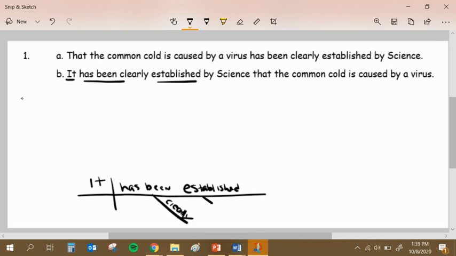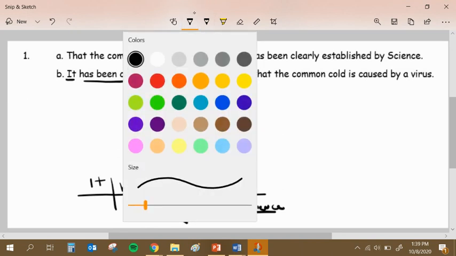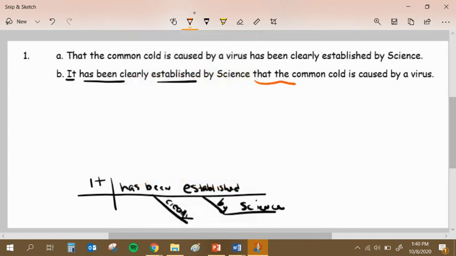And then it's been established by science. All right, nothing overly challenging yet. It has been established, clearly established by science. What I didn't take care of yet is this noun clause, which is that the common cold is caused by a virus. And what's happening is this whole thing is renaming that word it.